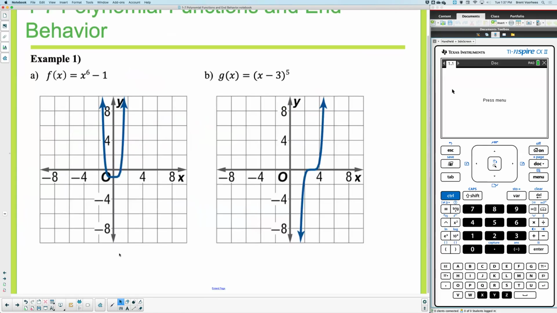So this first example, 1a, what do you think? Even function, odd function, or neither? You can go off of symmetry. Does it look like it's symmetric with respect to the y-axis, symmetric with respect to the origin, or no symmetry whatsoever? What do you think on the first one?